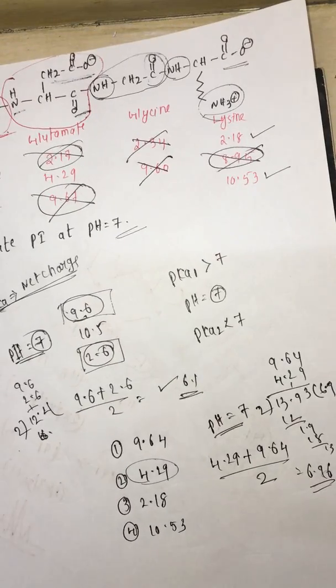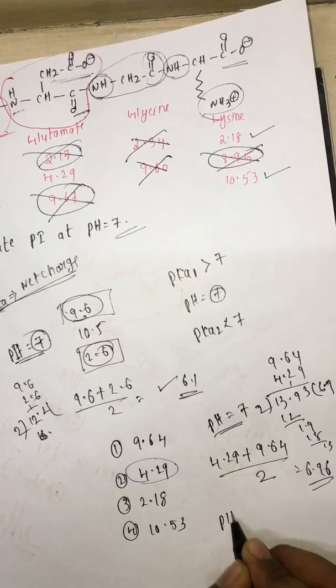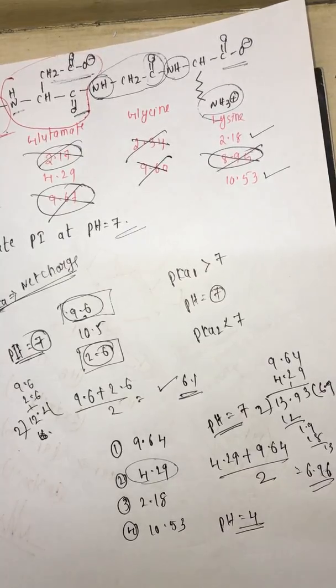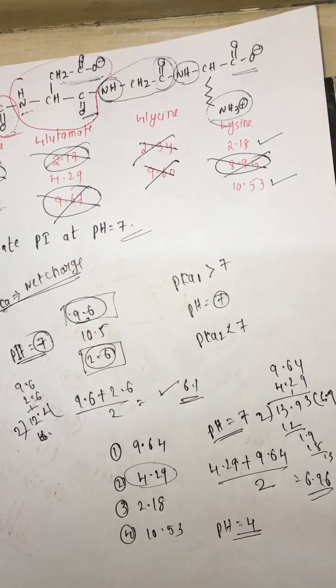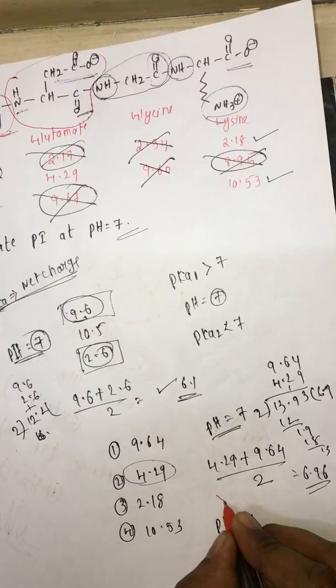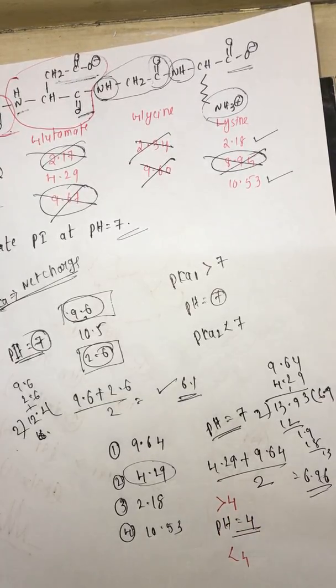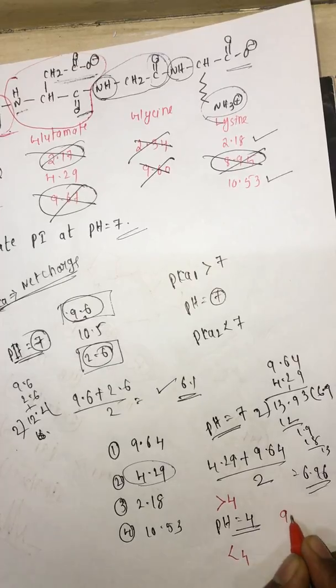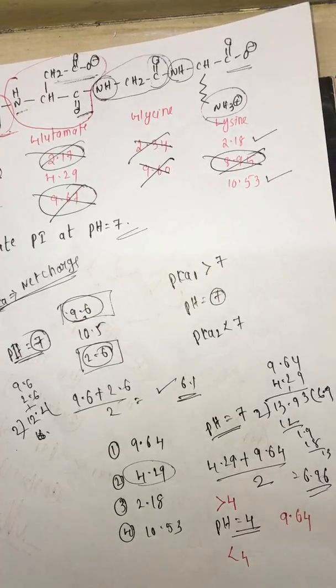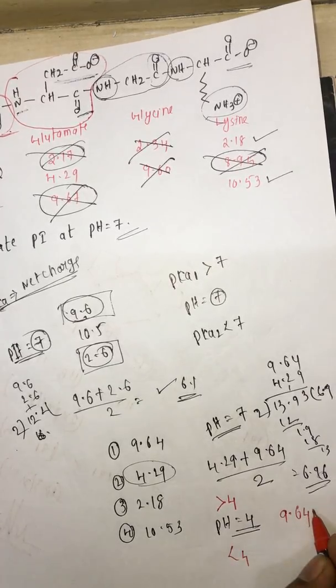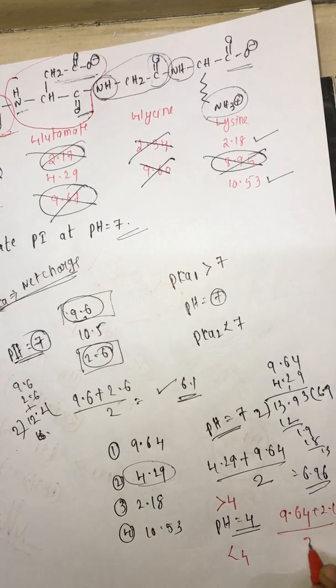And if they ask at pH 4, what is the isoelectric point? Now we'll take one value which is greater than 4 and one value which is less than 4. The value greater than 4 is here 9.64, the value less than 4 is here 2.18, divided by 2.